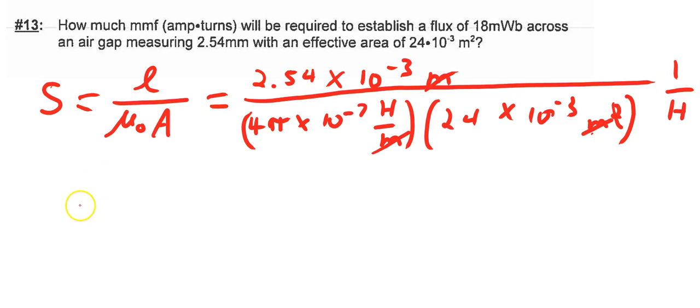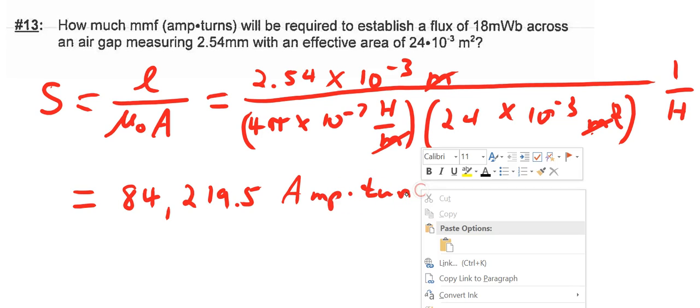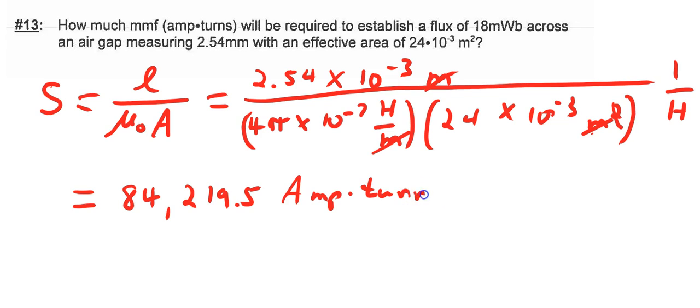So if we multiply this out on our calculator, we should be able to come up with 84,219.5, and our typical unit is amp turns per Weber for reluctance.